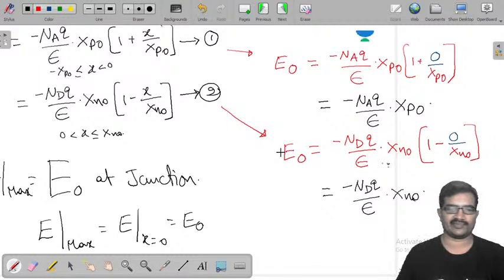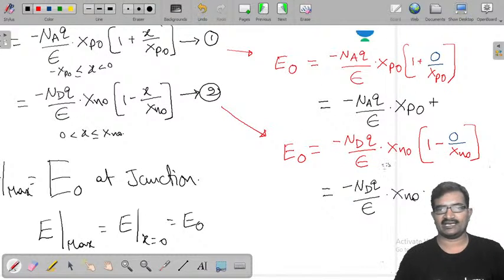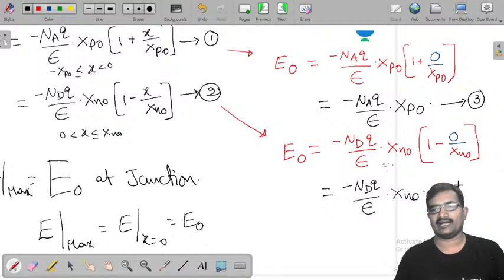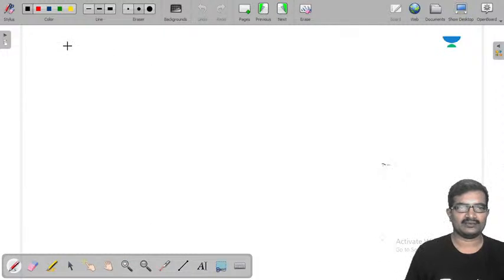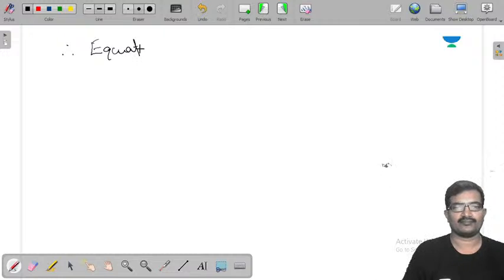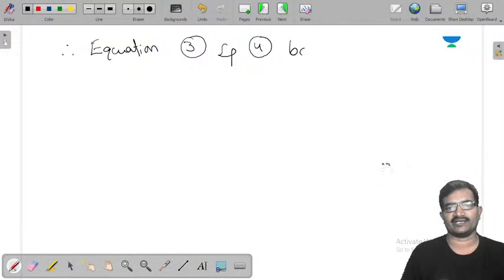Now let us take this equation as 3 and this as 4. Therefore equations 3 and 4 both represent E naught.